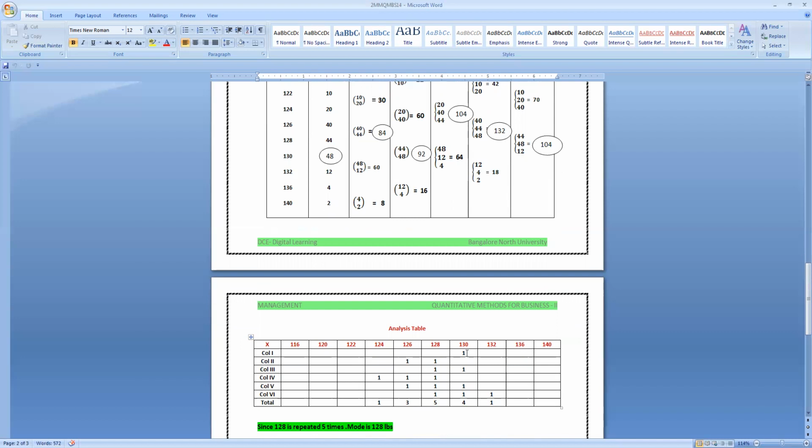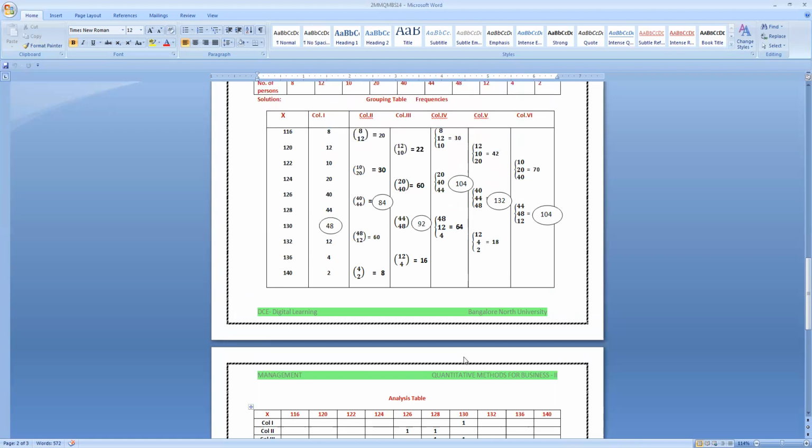This is how we should go about marking in the analysis table: we see which frequency values were added, and the variable values corresponding to them in the question. In front of those we should mark 1.